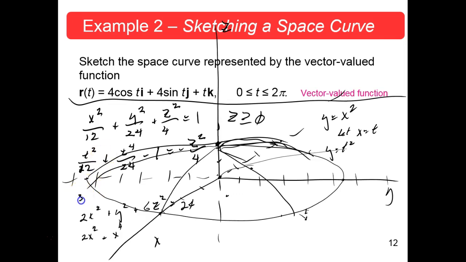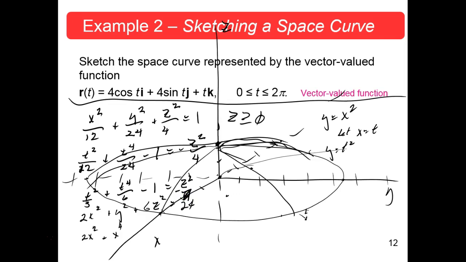That would give you 3t squared plus, no, that's not right, t squared over 3. Duh. t squared over 3 plus t to the fourth over 6 minus 1 is equal to minus z squared over 4. No, minus z squared.